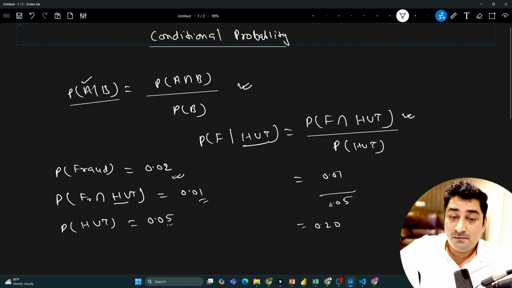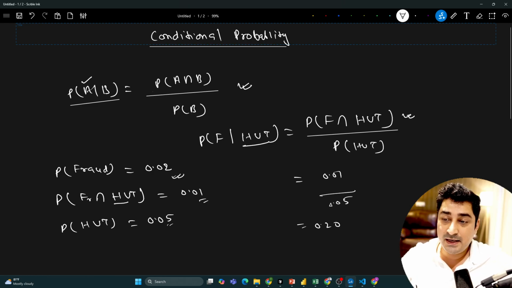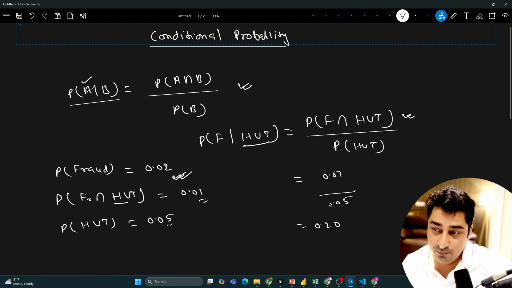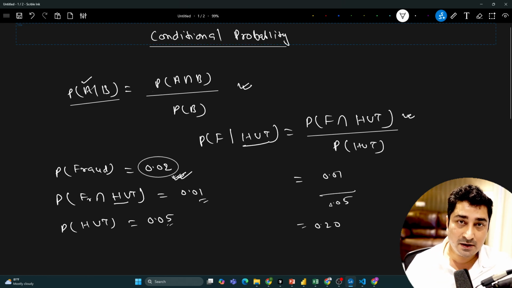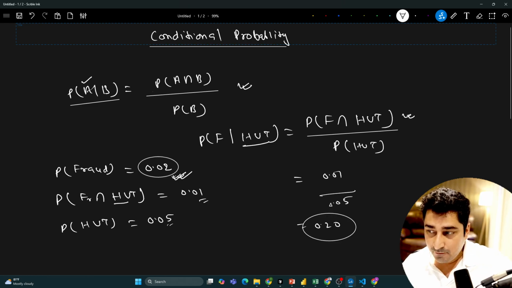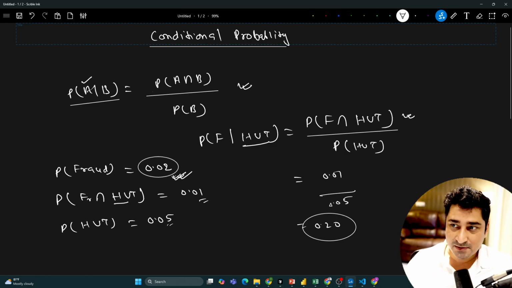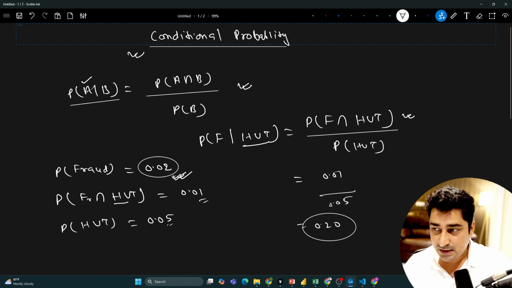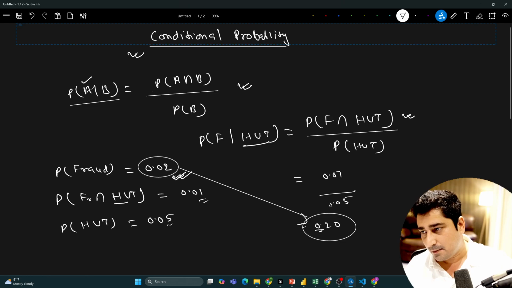This is much higher than the base fraud rate which I mentioned. The base fraud rate is basically 2%, which someone has given me. Now with respect to a high volume transaction, with respect to the condition, I can see there is a 20% chance, which is way higher if you compare these two.